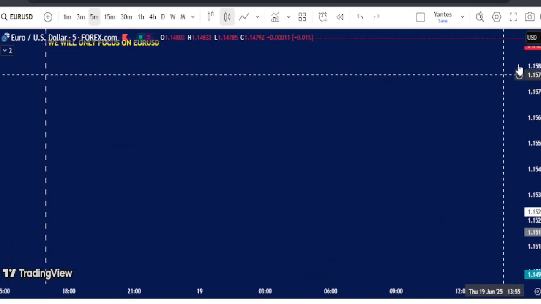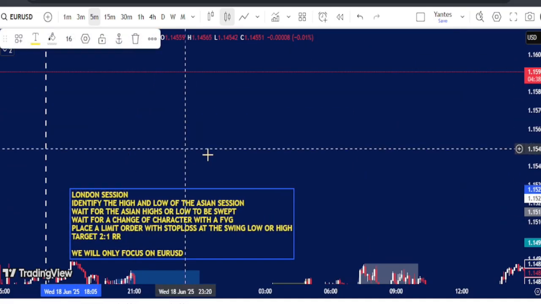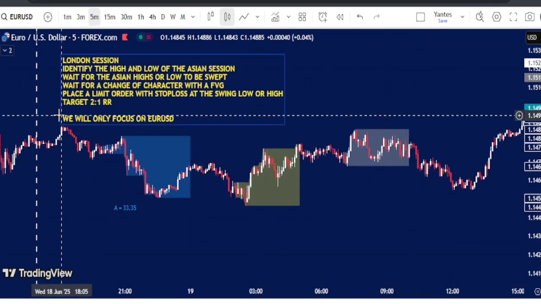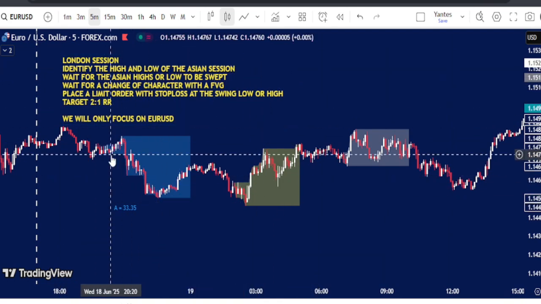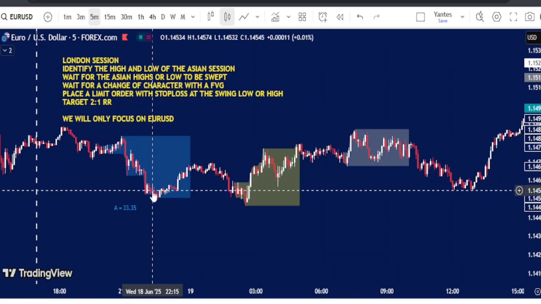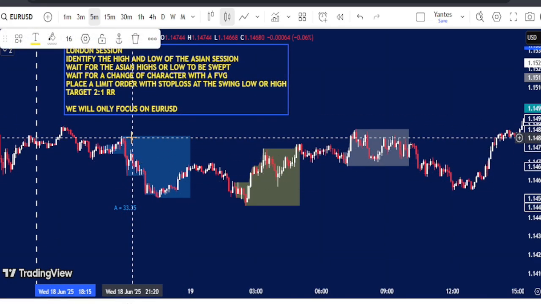Identify, let me bring this one nearer, identify the high and the low of the Asian range. This is the high, this is the low, and it is marked with our indicator.